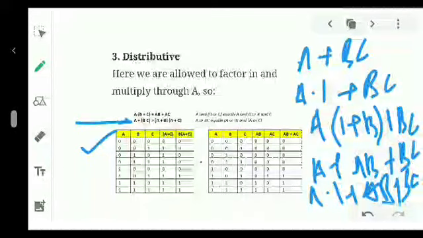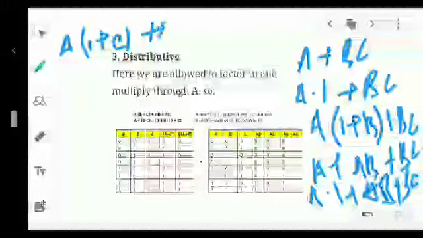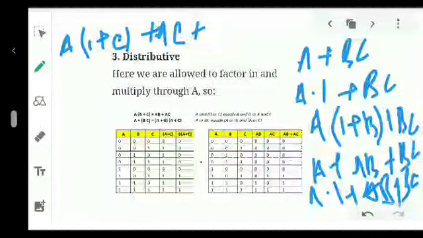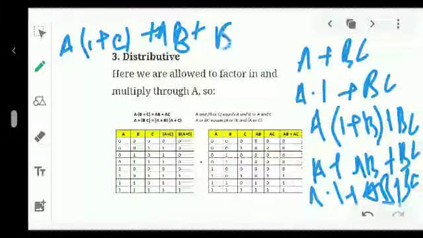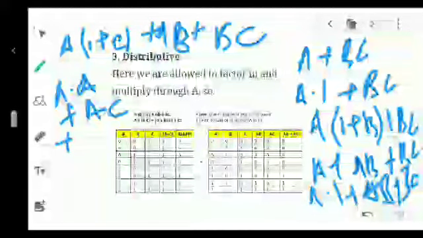Carrying forward, we can write A into (1 plus C) plus AB plus BC. Now the second step, in the same way, A into A plus AC plus AB plus BC.